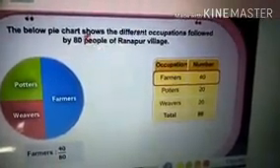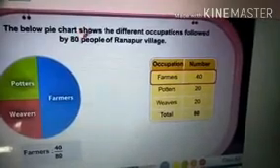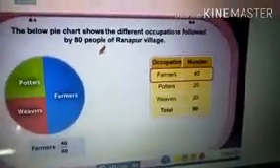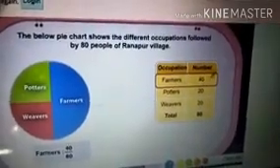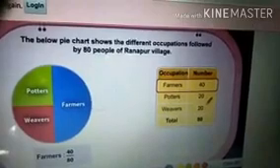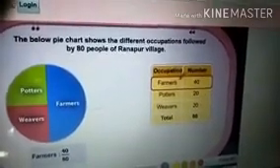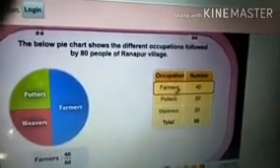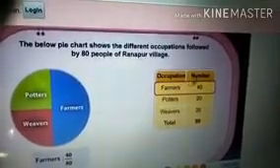So, total number of people, how many of them? 80. They are given here. Suppose they don't give, then we have to find the total. Then we can calculate the total number of people. But here the occupations are given. The farmers, 40 people.